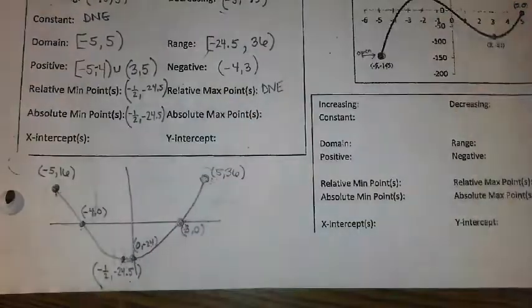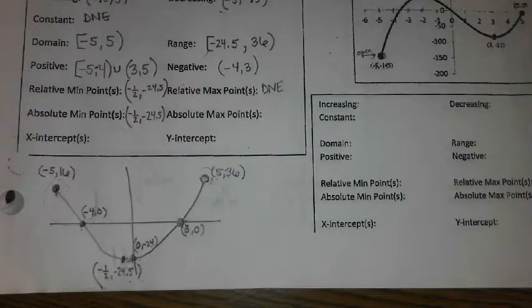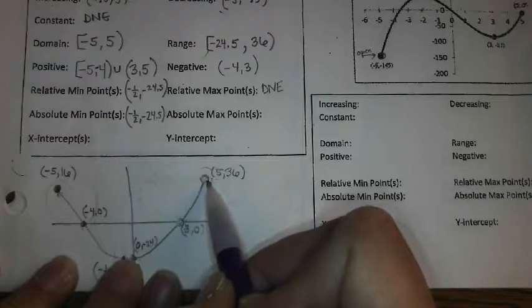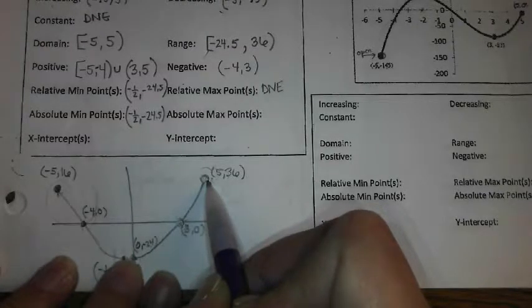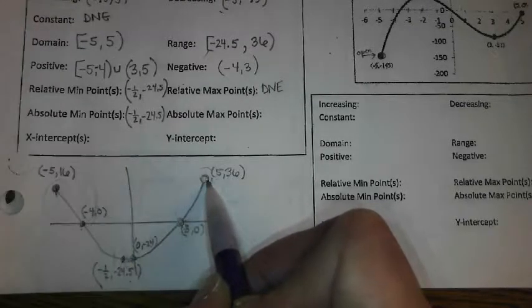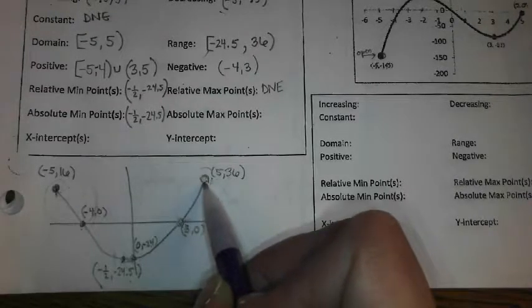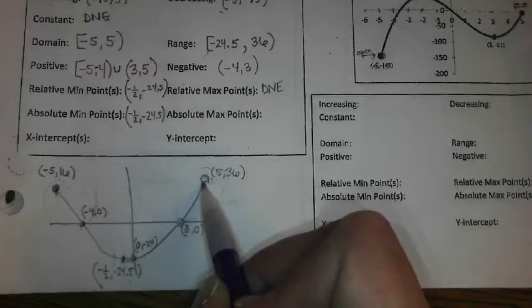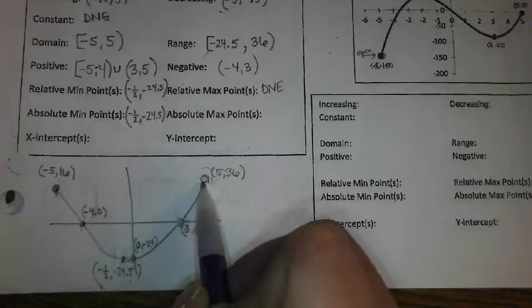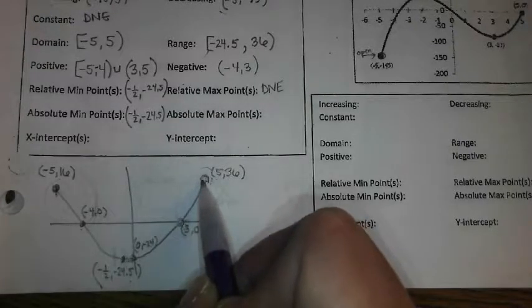Okay? Now, absolute maximum, this is a teaching point here. This is something that we haven't gotten to. There is no absolute maximum. If this was a closed circle, it would be our absolute maximum point. But the absolute maximum point this gets to is actually somewhere around 4.9999999 and 35.9999999.